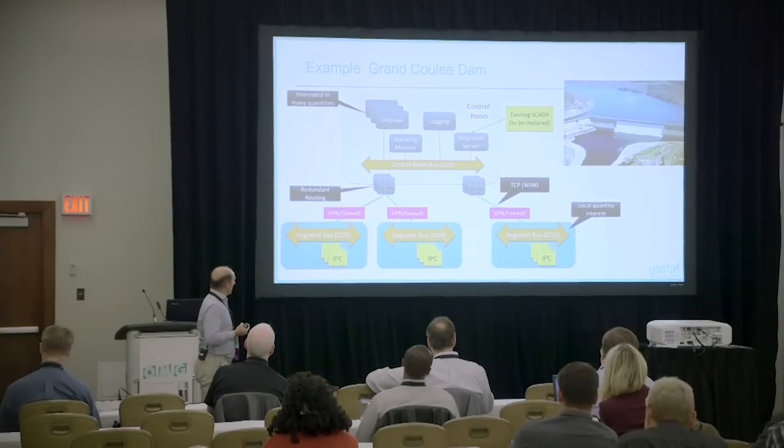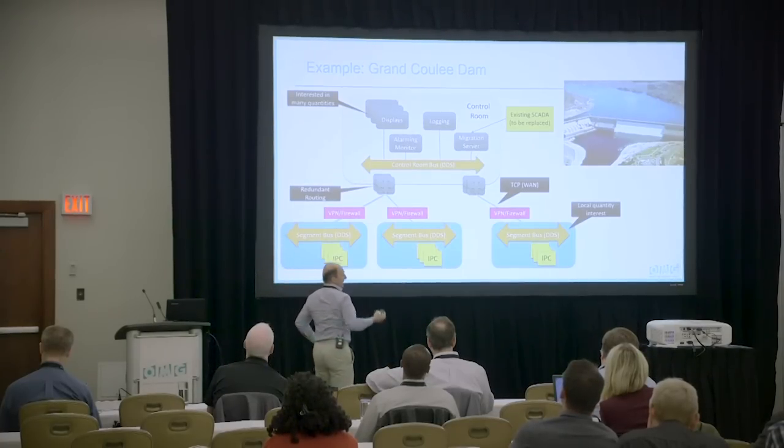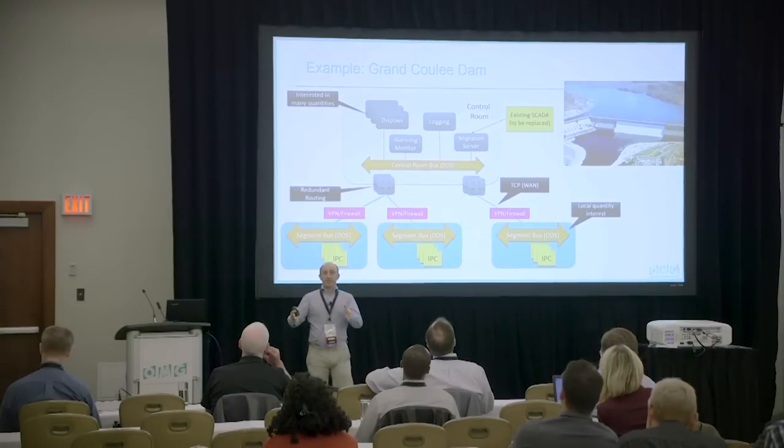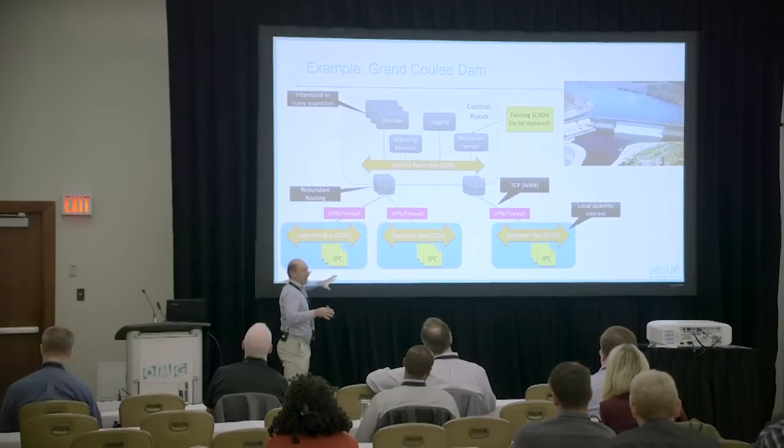We talked about those layers. This system has 7 power stations, 7 turbines, seven things that are generating the power. Each one of those has a segment bus where they are controlling the actual device, monitoring its operating conditions, turning on different things.